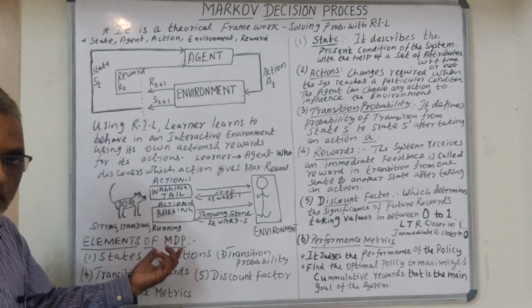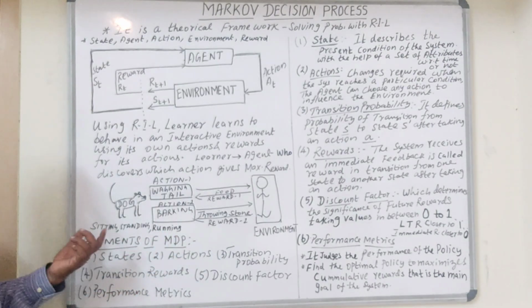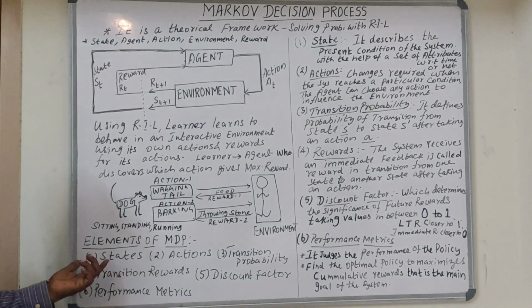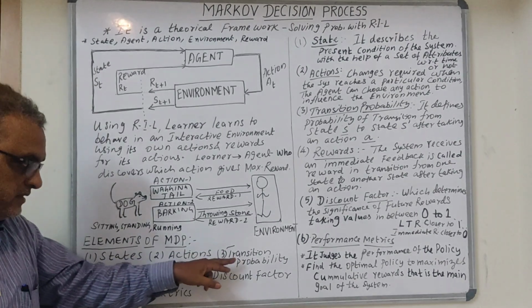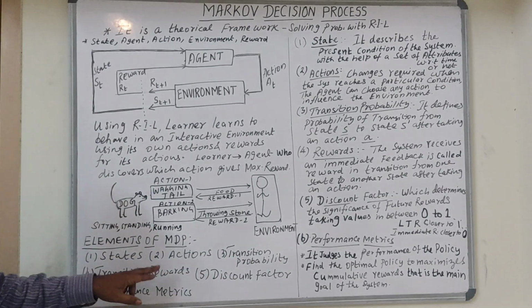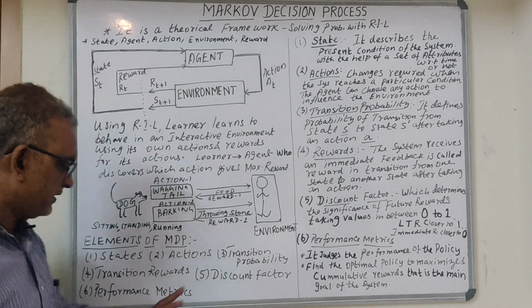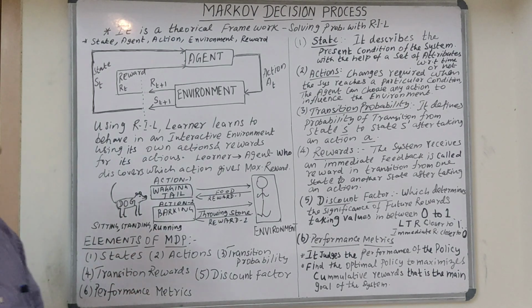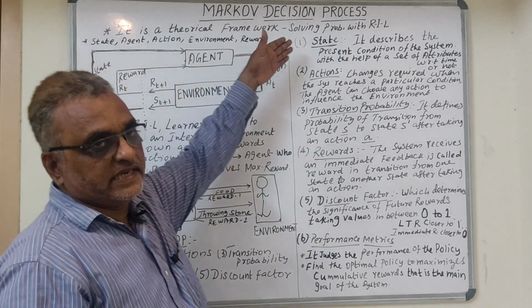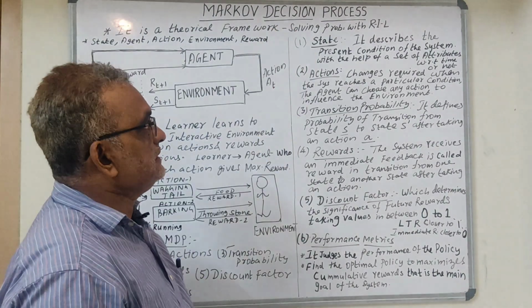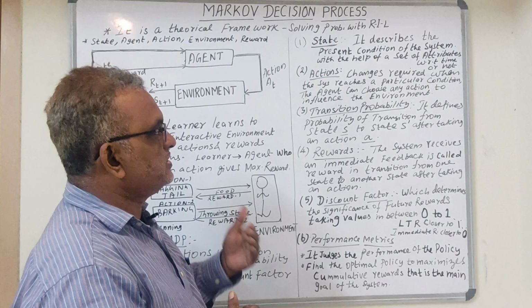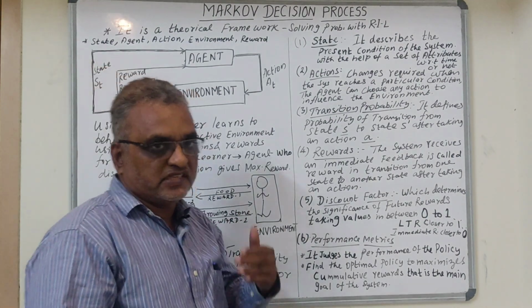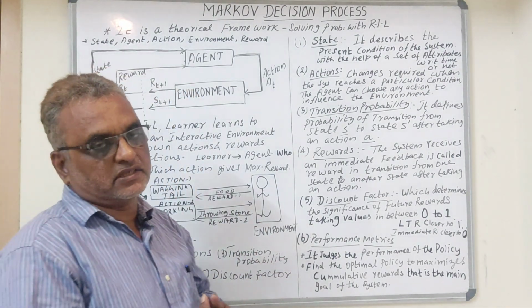So this Markov decision process contains different elements: states, actions, transition probability, transition rewards, discount factor, performance metrics. As I said, the first one is state. It describes the present condition of the system with the help of a set of attributes or parameters.